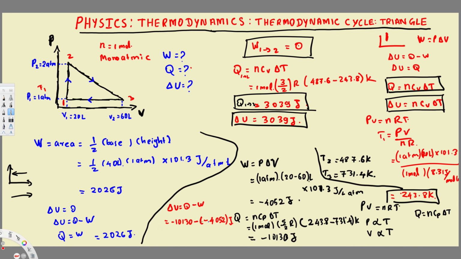And minus minus becomes plus, and that's going to give you negative 6,078 joule, and that's going to be the delta U.